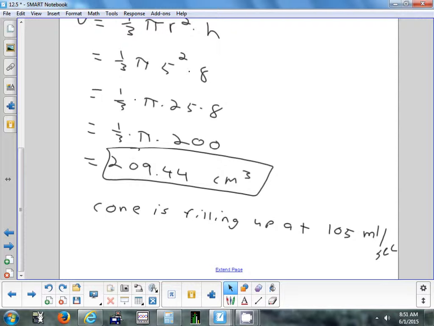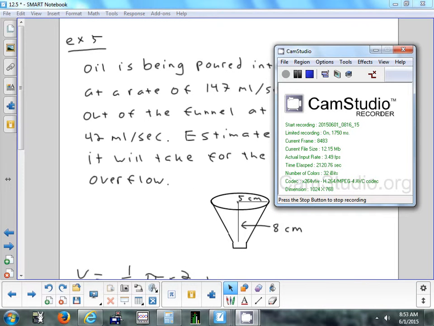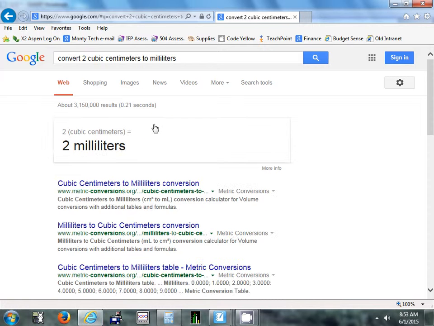Let's take a look at that and see what the conversion is between cubic centimeters and milliliters. Let me pause for a second and show you that. As we just saw, it's a 1-to-1 ratio from cubic centimeters to milliliters.